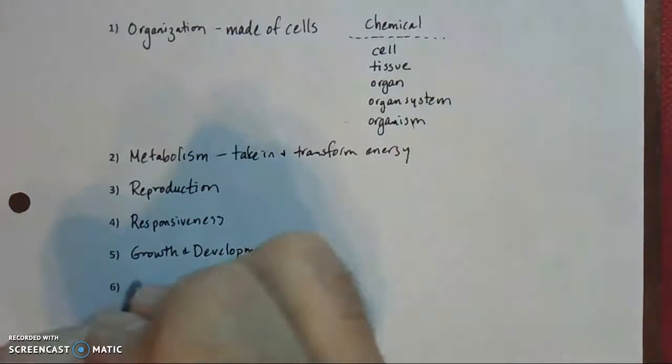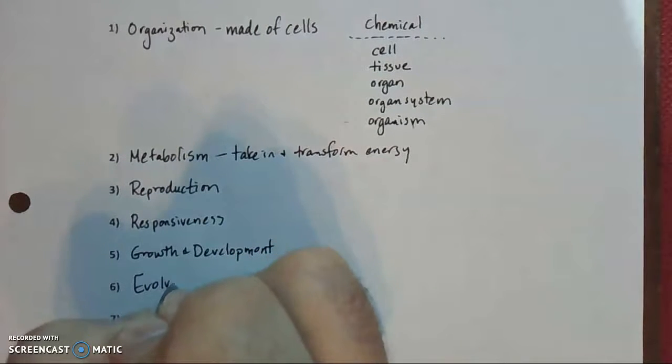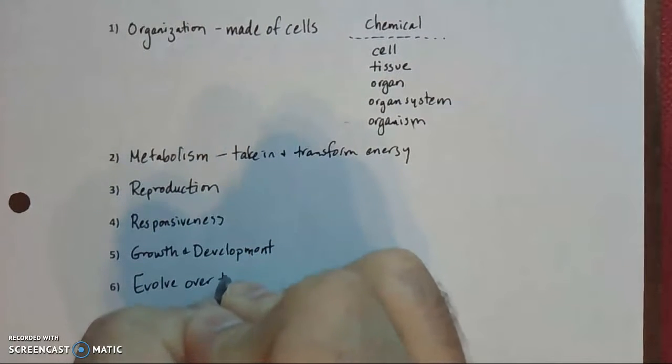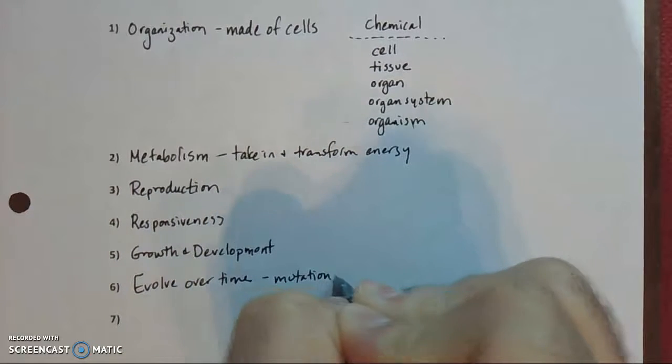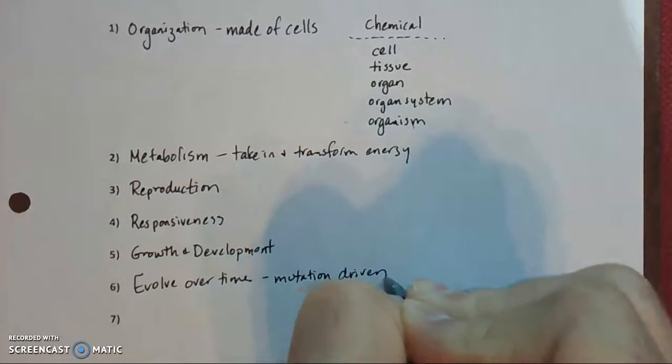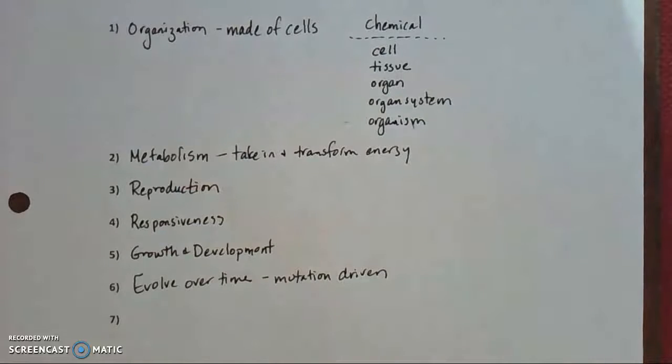Number 6 is evolve over time. And this is mutation driven. So in those processes of cells dividing, especially the gametes, the sperm and egg cell, whenever we have mutations in humans, remember that that first cell, all the other cells come from, it's a stem cell.